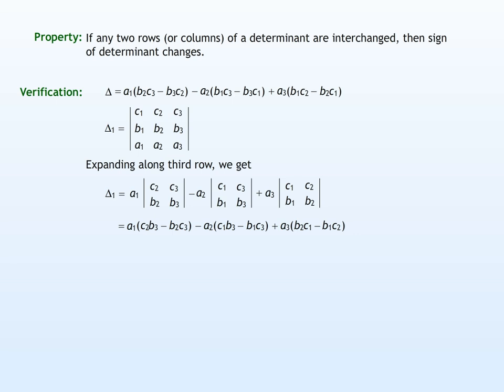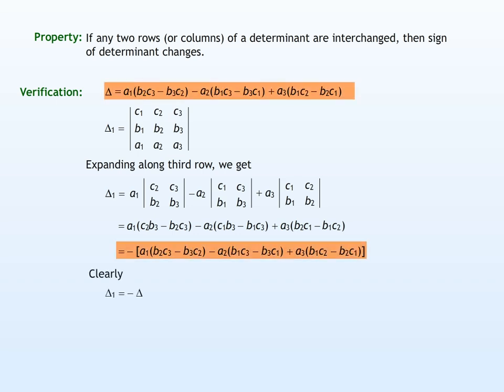On further simplification, delta 1 equals minus of [A1 multiplied by (B2C3 minus B3C2) minus A2 multiplied by (B1C3 minus B3C1) plus A3 multiplied by (B1C2 minus B2C1)]. Clearly, delta 1 equals minus delta.